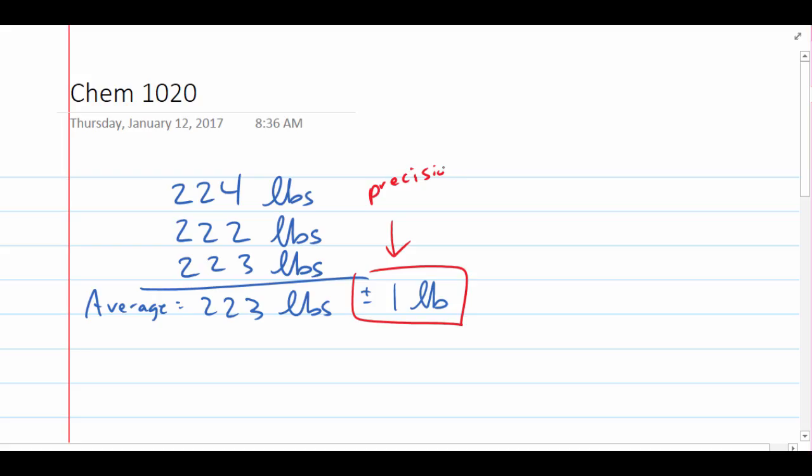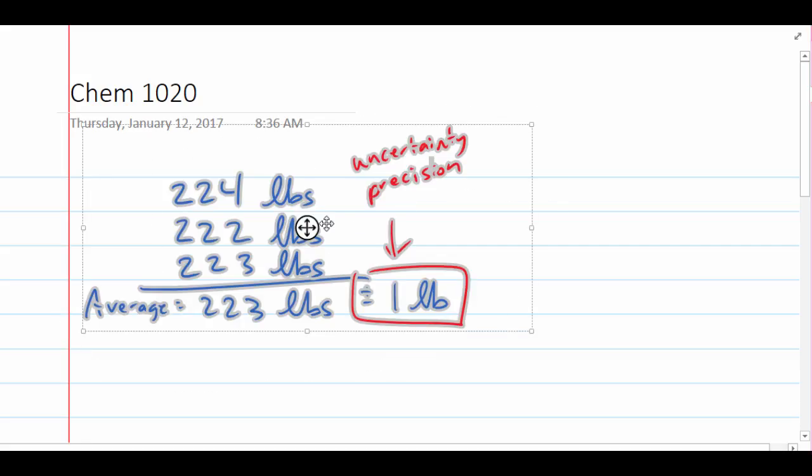And so when I write this value in, this value here represents the precision of the measurements. The precision is its reproducibility. For me, I would anticipate that if I step on and off the scale several times, it's going to be reproducible within that range of plus or minus 1 pound. Sometimes we refer to this as the uncertainty of a particular measurement.